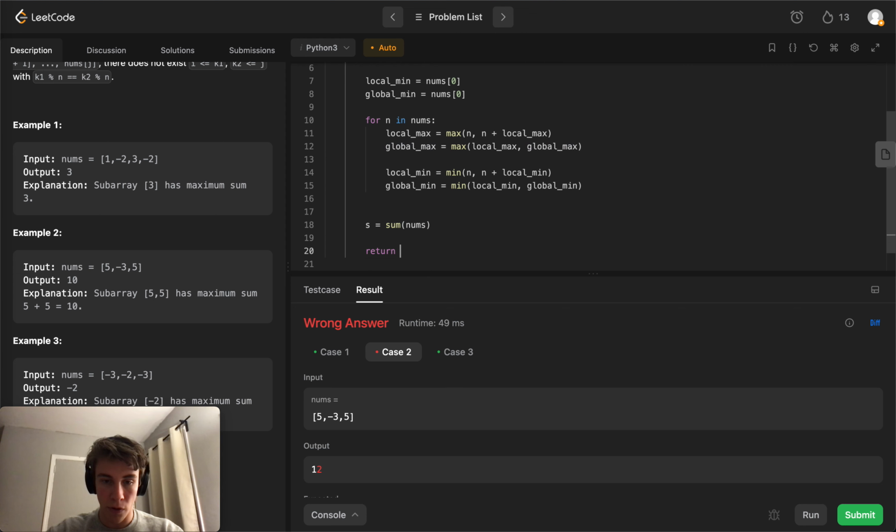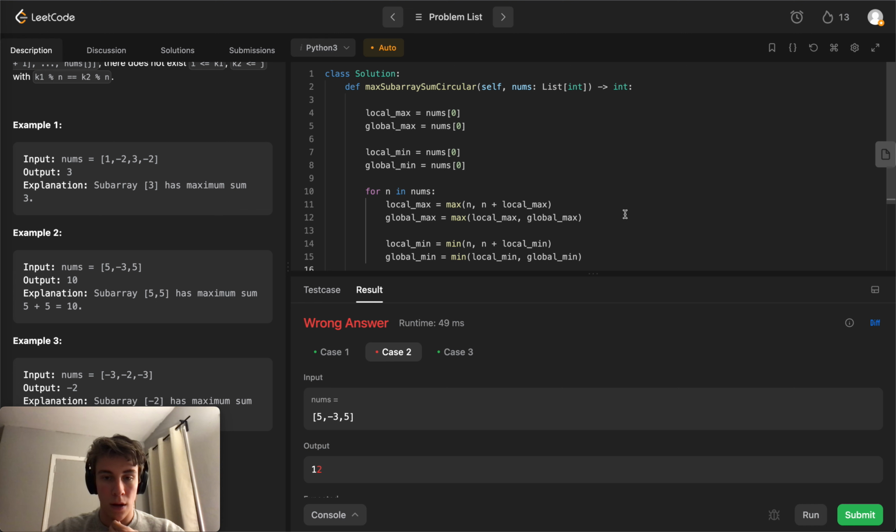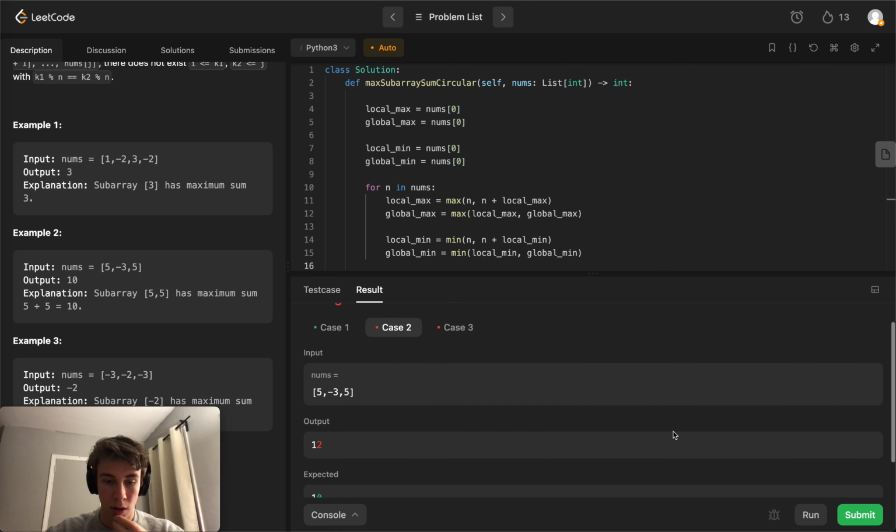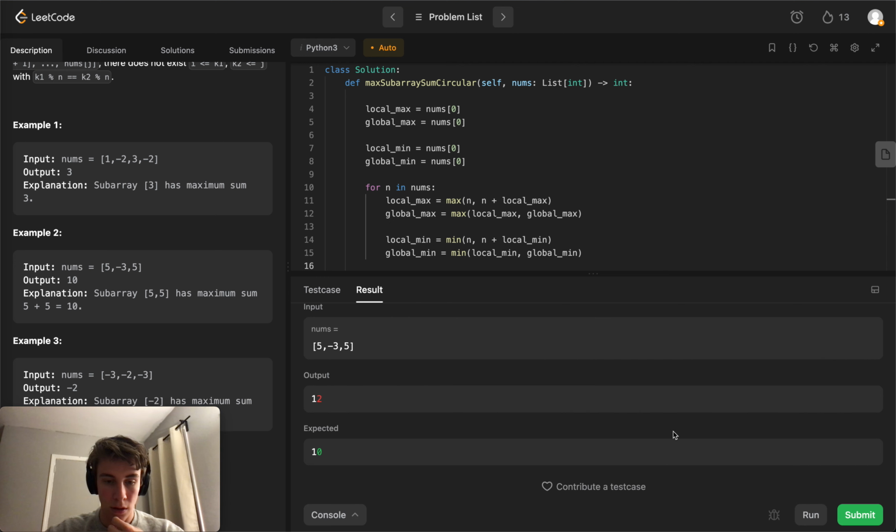And what we have to return now is the max between the global max or between s minus the global min. Let's run this and see what is up.